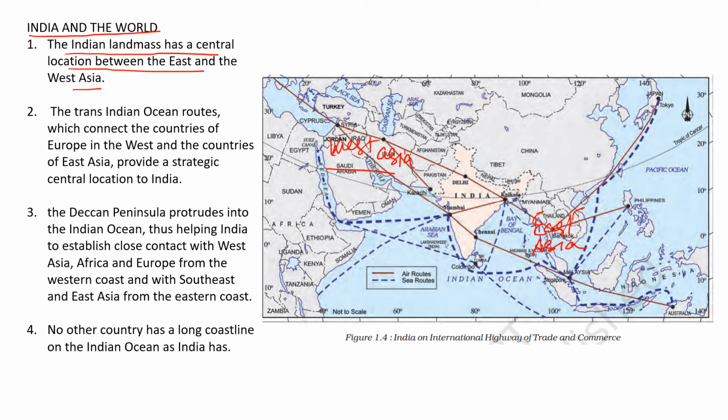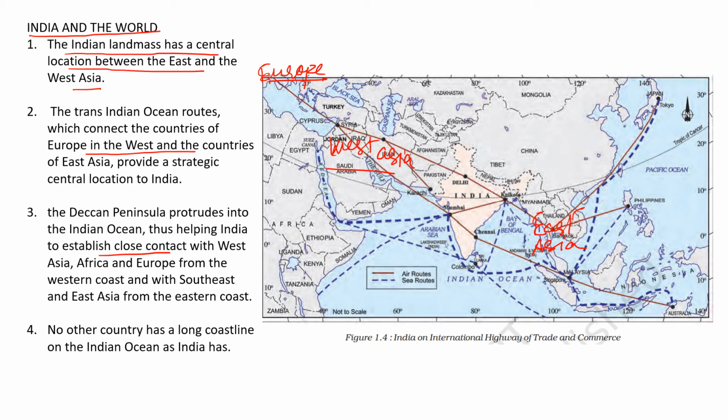The Trans-Indian Ocean routes, which connect the countries of Europe in the west and the countries of East Asia, provide a strategic central location to India. So it also connects to Europe and the East Asian countries.